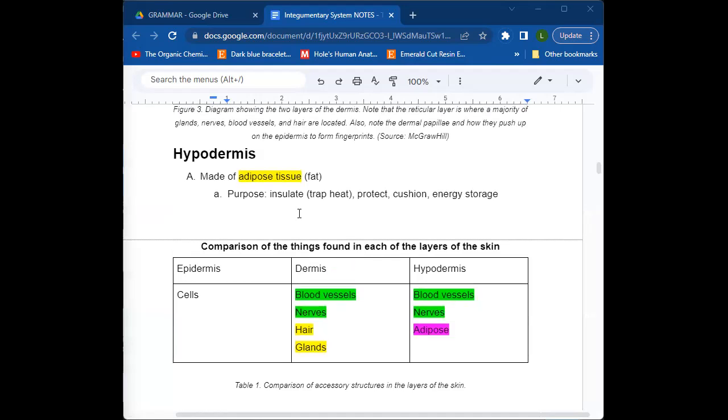Okay, then for the hypodermis, we just need to know that the hypodermis is made up of adipose tissue, and adipose tissue is fat. The purpose of fat is to trap heat, protect, and cushion.